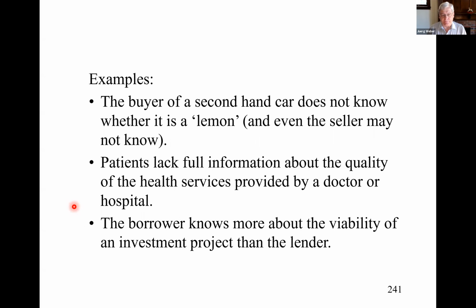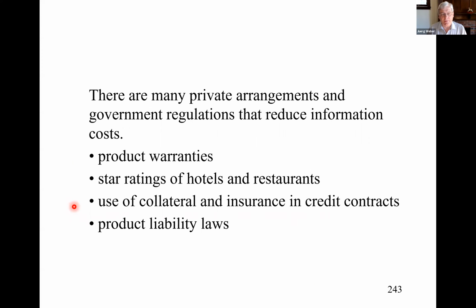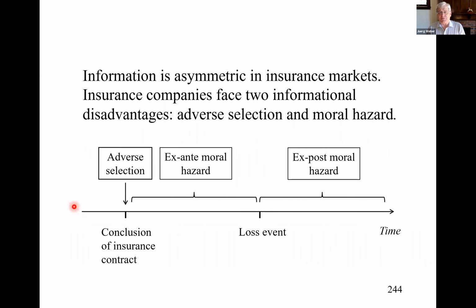Information problems are particularly important in the insurance market. The insurance company faces two informational disadvantages: adverse selection and moral hazard. Adverse selection happens when the insurance contract is being written. Moral hazard happens afterwards, when the insurance contract is valid, when it's running.